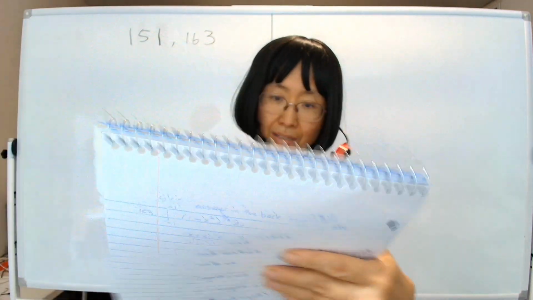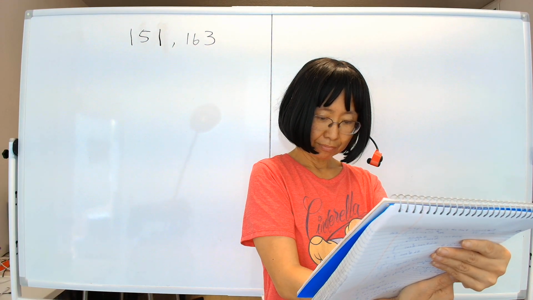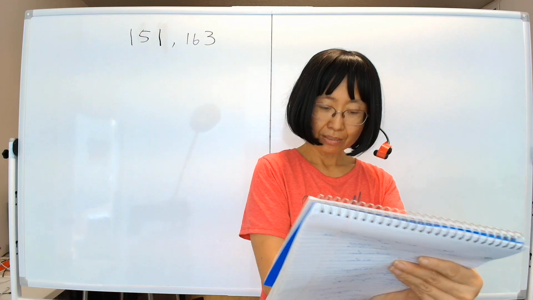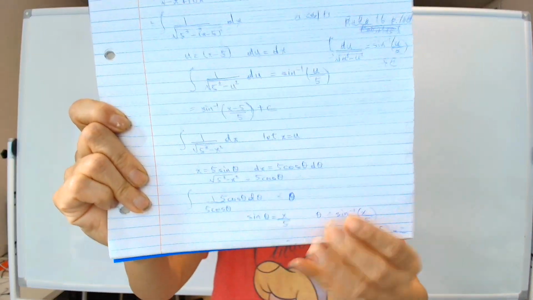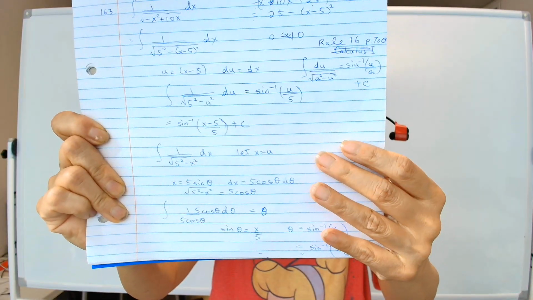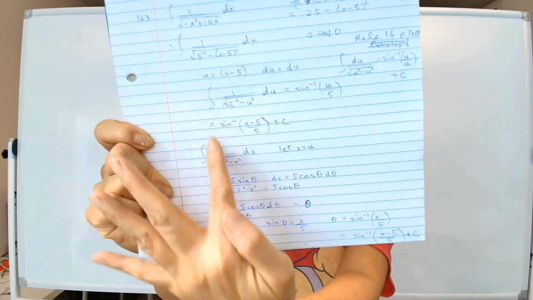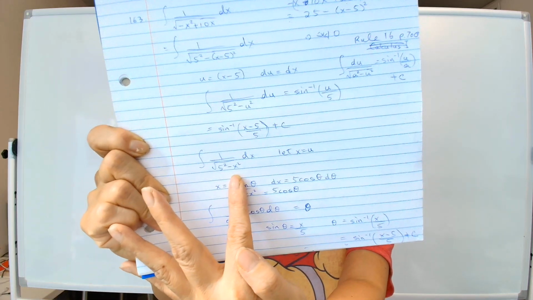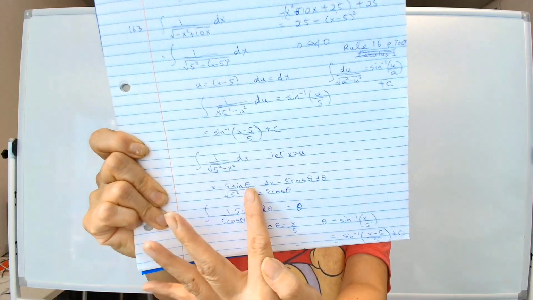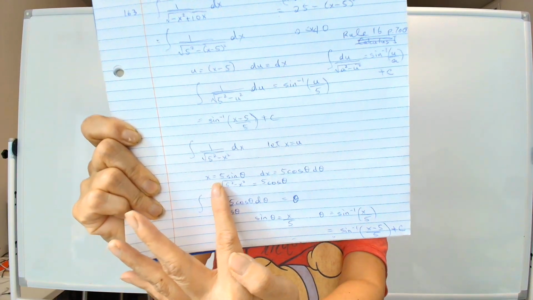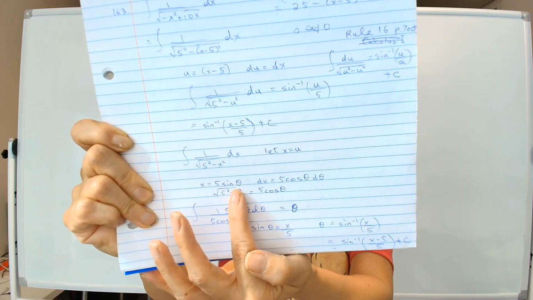I don't know why I changed it to x, but you get the idea. In other words, I'm trying to solve this thing right here, so I just rewrite it down here. We're solving this problem, and we let x equal 5 sine theta in the strategy, maybe page 286.